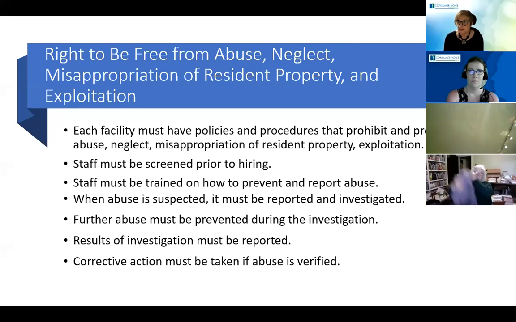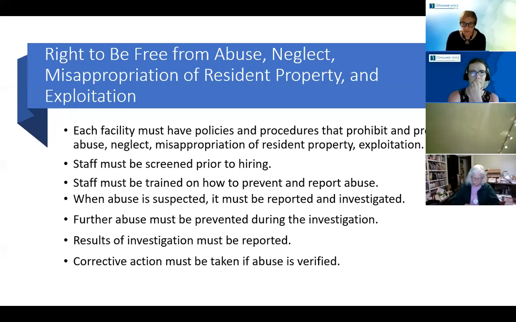Staff have to be trained also not only on how to prevent abuse, but what the reporting requirements are. So to dig just a little bit into that, when abuse is suspected, so not just when you can tell that it's actually happened, but if you think it's happened, it has to be reported to the facility administrator, but also to the state survey agency.